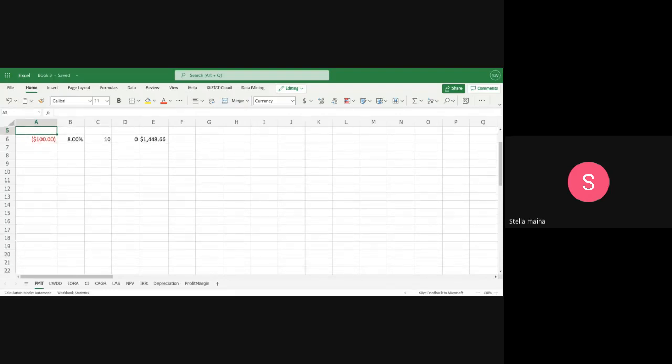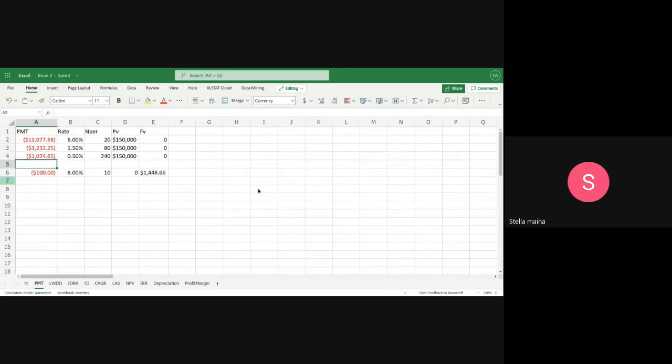Let me touch on investments and annuity. Let me just give a short example of an annuity, and then I will get into both of them at once. So annuity.